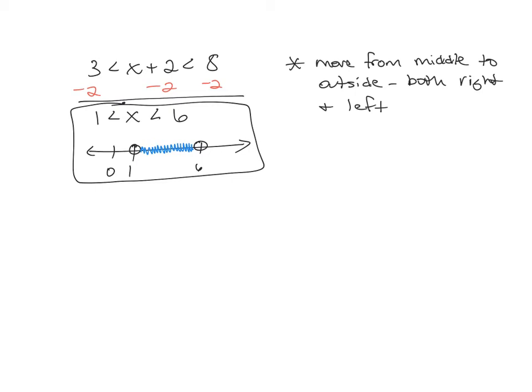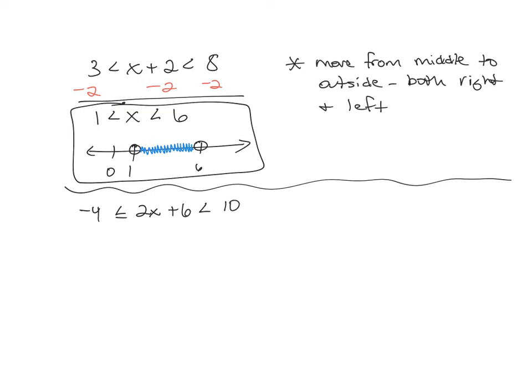You need to graph them. We didn't do some graphing earlier. We need to graph these ones. Okay, so we could have move the stuff from the middle to the right and the left.